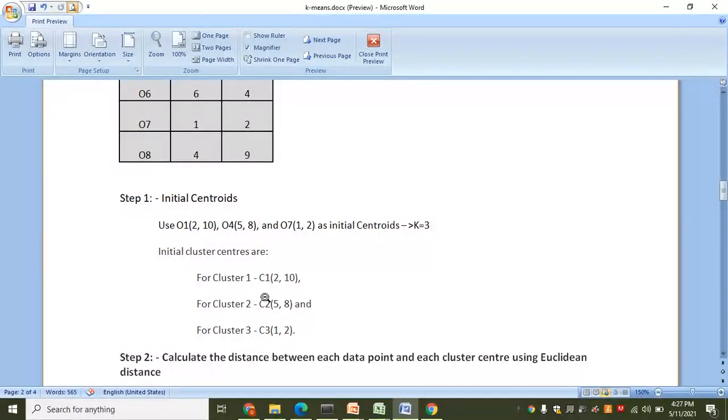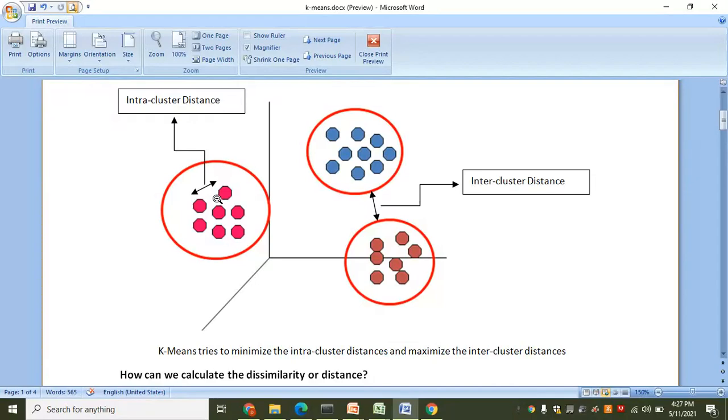As k equals 3, we are going to have 3 clusters. For cluster 1 we take the centroid C1 as 2 comma 10, for cluster 2 the center C2 as 5 comma 8, and for cluster 3 the centroid C3 as 1 comma 2. Look at this figure. The centroids are the center of all the data points in a particular cluster.